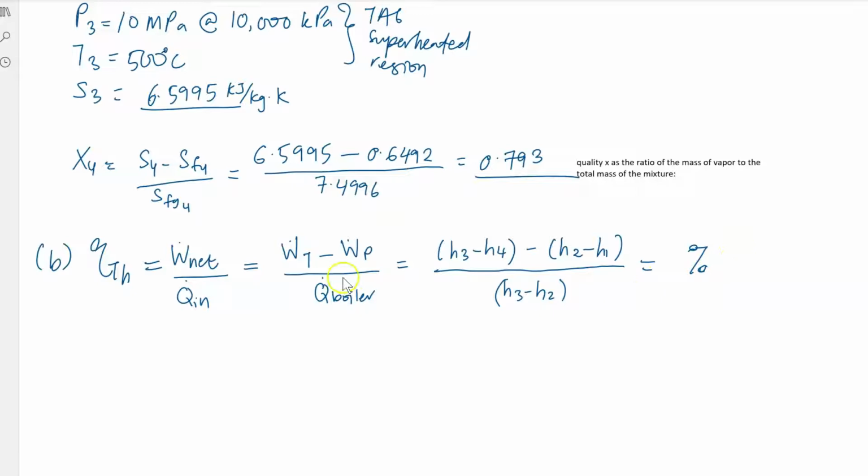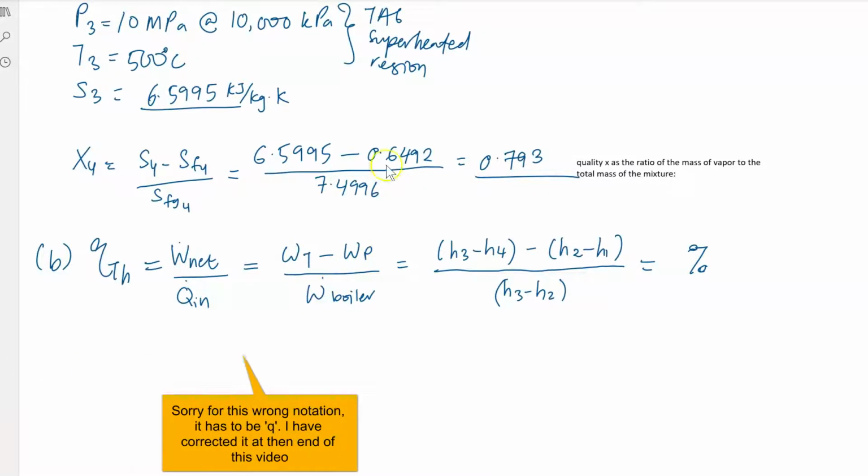So it is okay that we leave this as only W, and we can write it as a small letter. So this is going to be your w turbine, w pump, and q boiler.